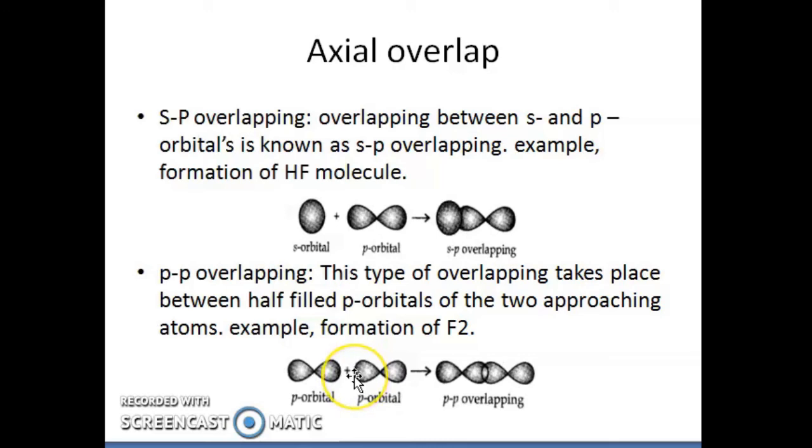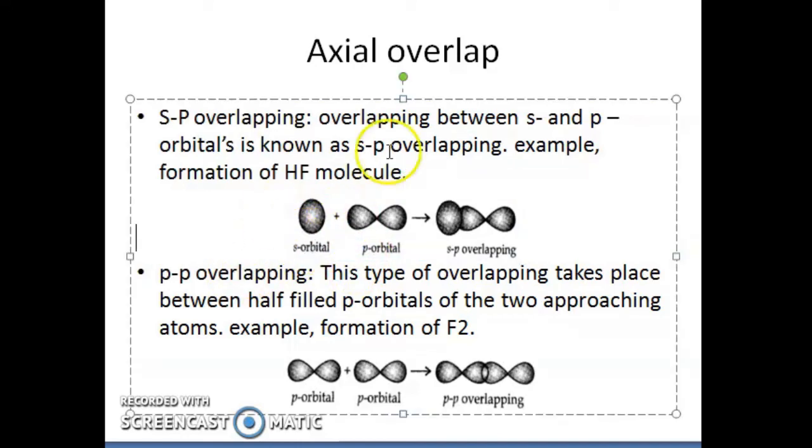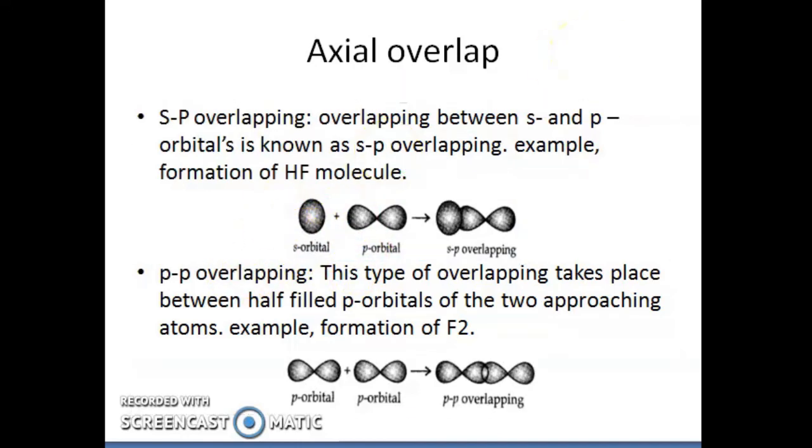Hence we could say that axial overlapping could exist in three formats: SS overlapping, SP overlapping, and PP overlapping. PP overlapping is the overlapping of half-filled p orbitals.